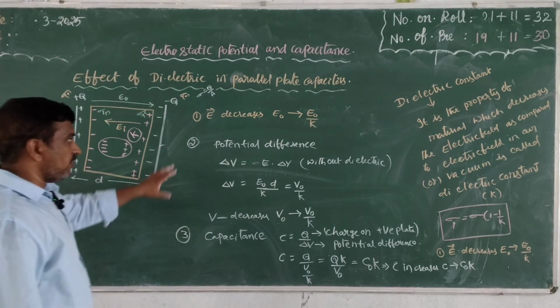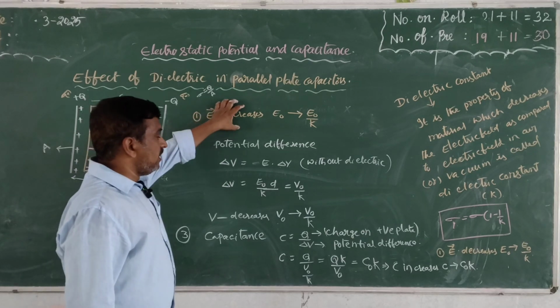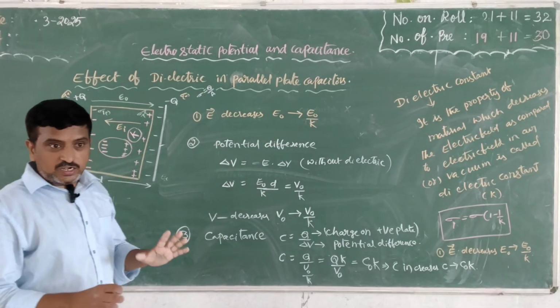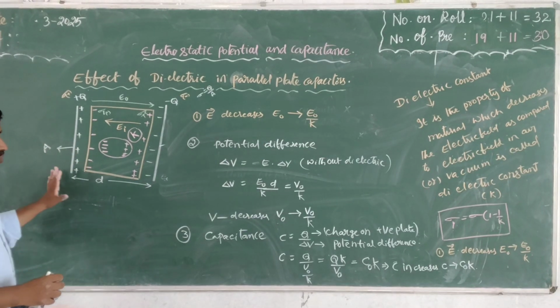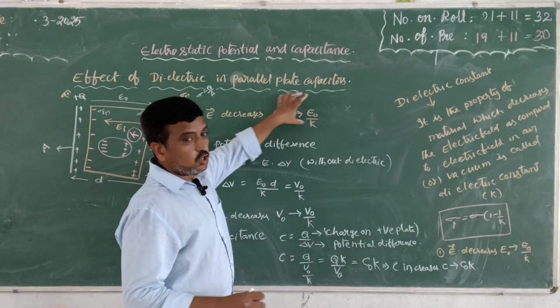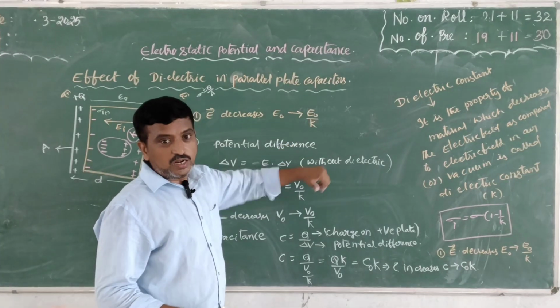The first one: the electric field decreases from E naught to E naught by K when the dielectric is placed between the plates. K is the dielectric constant.